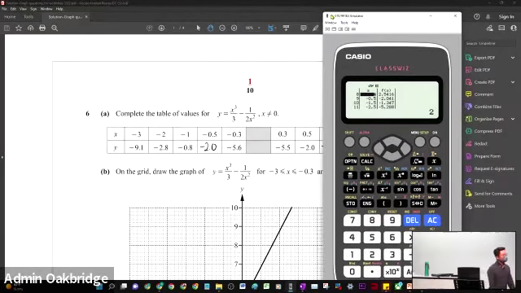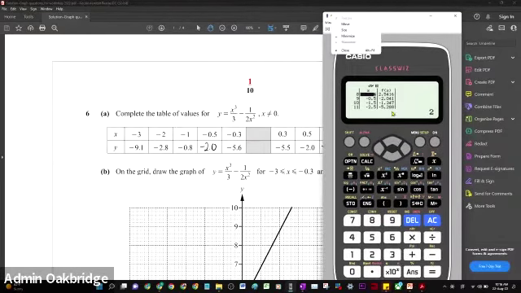Okay. How do you use calculator to help you do dy dx? Go to this button here, all right? You see, get the differentiation symbol already, d dx. Then you key in the function.